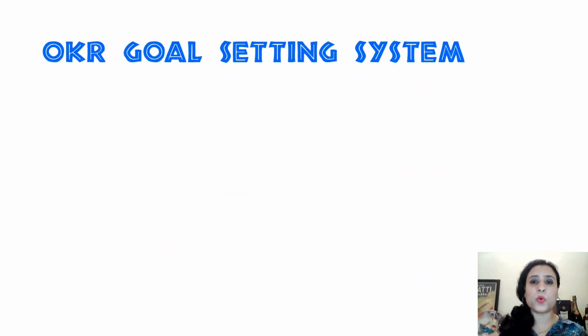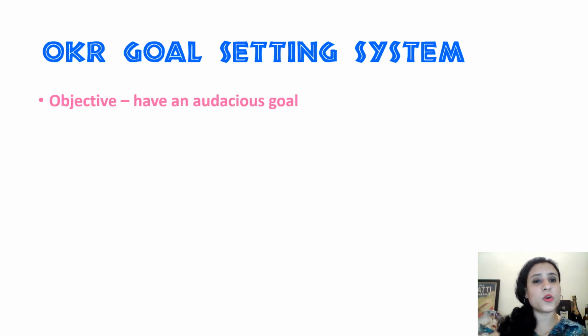Now, OKR goal setting. So what is OKR goal setting? OKR stands for Objective Key Result. By that, what do we mean by OKR goal setting? It means that your objective should be big. You should have big goals. You should think big.